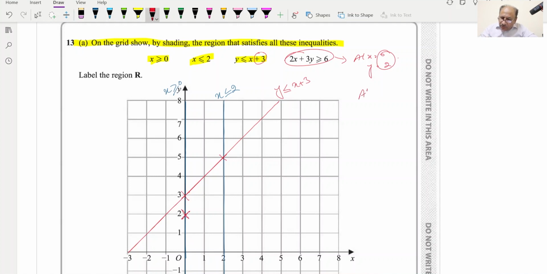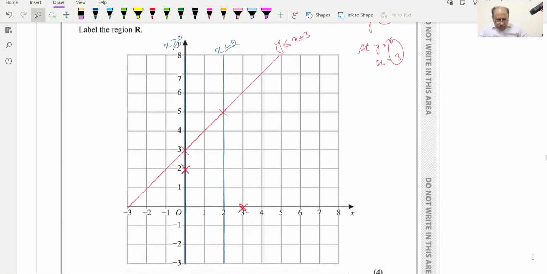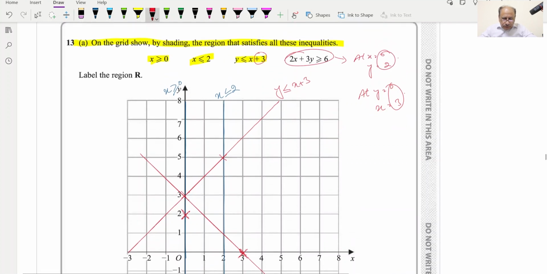At y equal to 0, x will be equal to 3, so our point will be 3 and 0, which is this point. And now we can draw the line like this, and this is done.